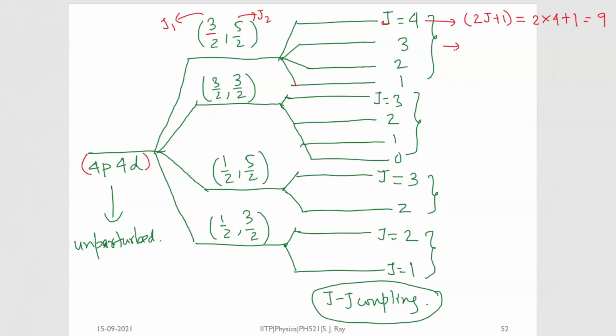Similarly for this one you have 2 times 3 plus 1, which is 7, and so on. You can add up and see finally how many fine structure levels are possible if we take into account all the perturbations existing in this system. I hope this part is clear to everyone.